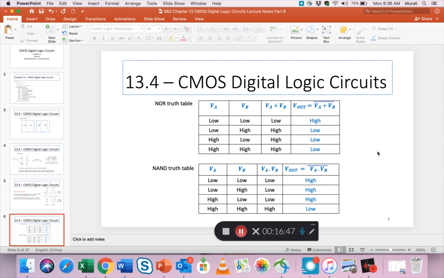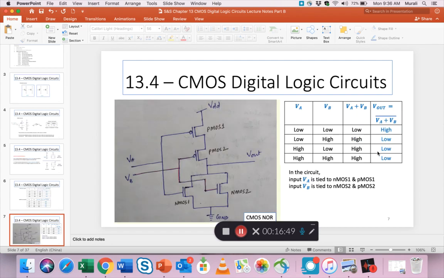Okay, I'm going to move on to slide 7, and here we spend some time understanding the NOR truth table. So here we finally get back to drawing circuits with transistors.